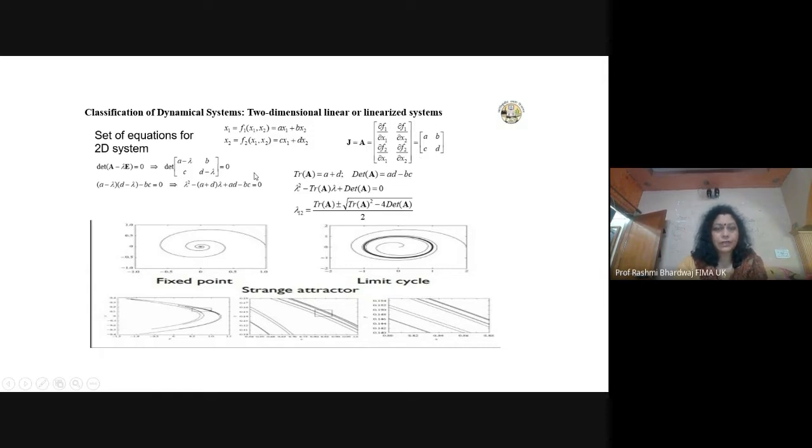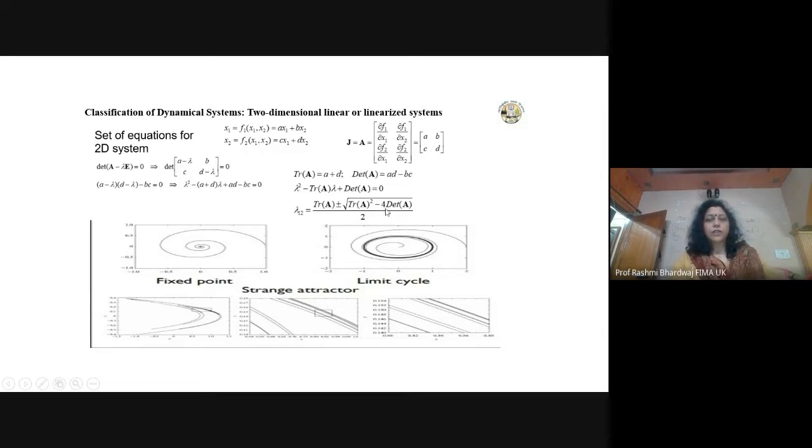So generally the characteristic equation is denoted as lambda square minus trace A lambda plus determinant of A equal to 0. And if you find its eigenvalues or roots, lambda 1, 2 is trace of A plus minus under root of trace A square minus 4 times determinant A, divided by 2.